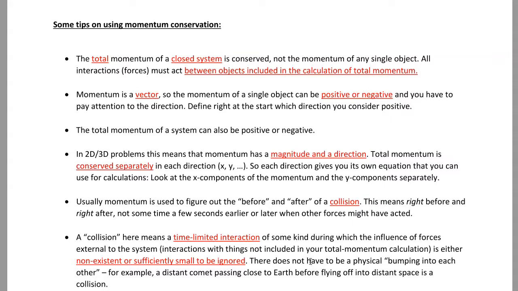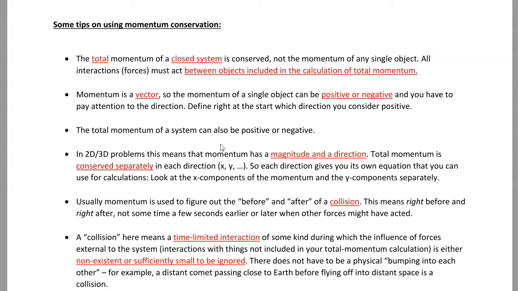The force of gravity acts on it, changes its path a bit, and then it flies off again into distant space in a different direction. While they were sufficiently close that the gravitational force between them was significant, that time interval we can call a collision, even though they didn't physically smash into each other.